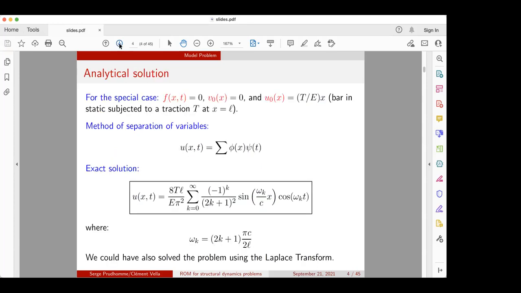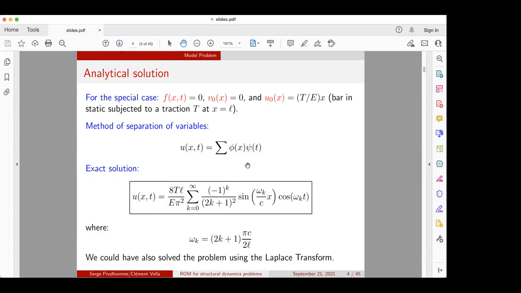Okay, so in the special case where we have f equal to 0, v0, the initial velocity, equal to 0, and u0 given by this simple state, basically the bar in statics subjected to a traction at the end, we can actually, using the method of separation of variables, find the exact solution.